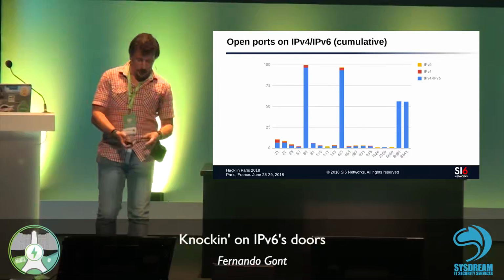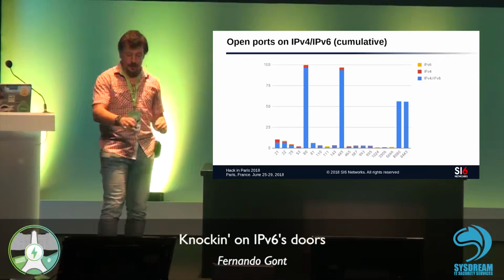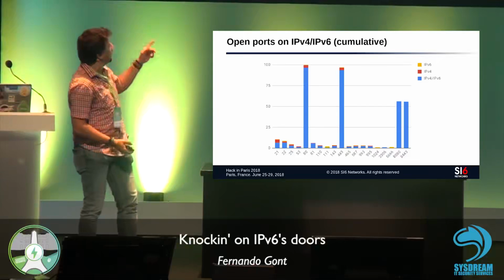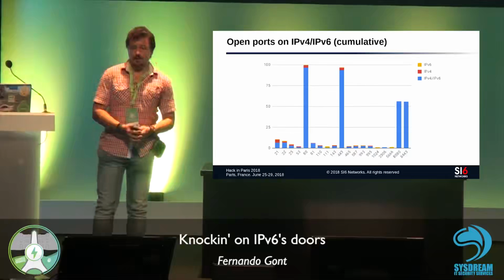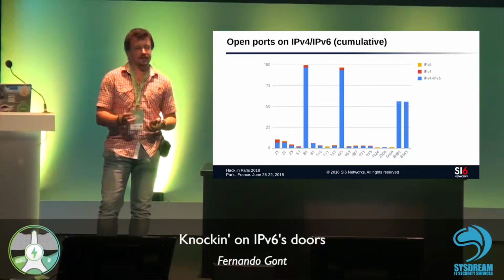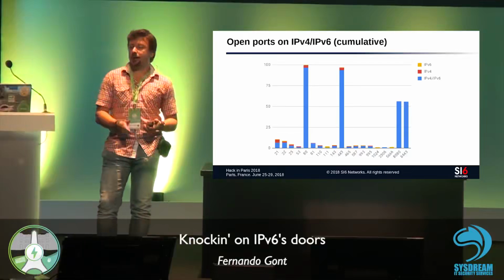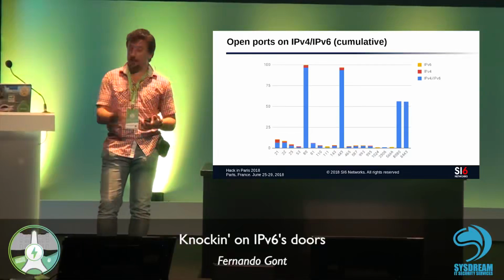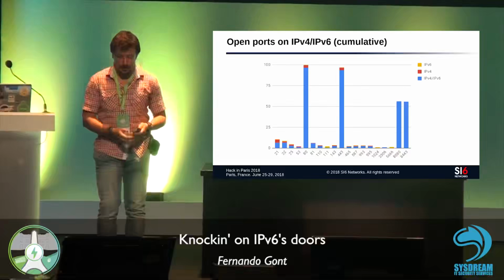But if you look at the small part in red in many of these blue bars, that's the percentage of sites that have that port number only available on IPv4, but not on IPv6.